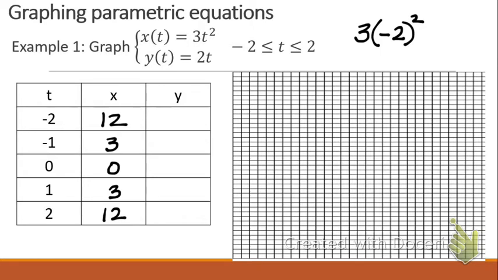All right, who got that for their 5 numbers? All right, so now we're going to use our second function. Going back to these original 5 numbers, which is -2 to +2. Substitute these 5 numbers into your y function. So take 2 times -2, 2 times -1, 2 times 0, 2 times 1, and 2 times 2.